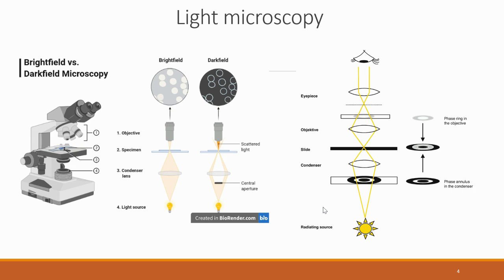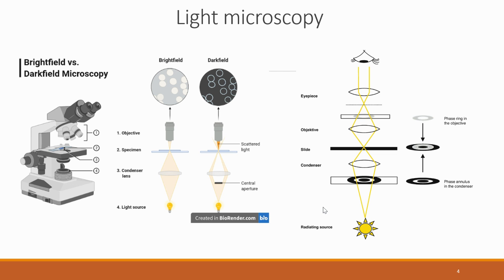In bright field, there is a condenser lens, and we illuminate the sample or specimen, and then with the objective lens, we can provide a magnified image of the sample. In dark field, we use an aperture to control the input light, and then the scattered light will pass through the objective, and will be observed on the eyepiece.